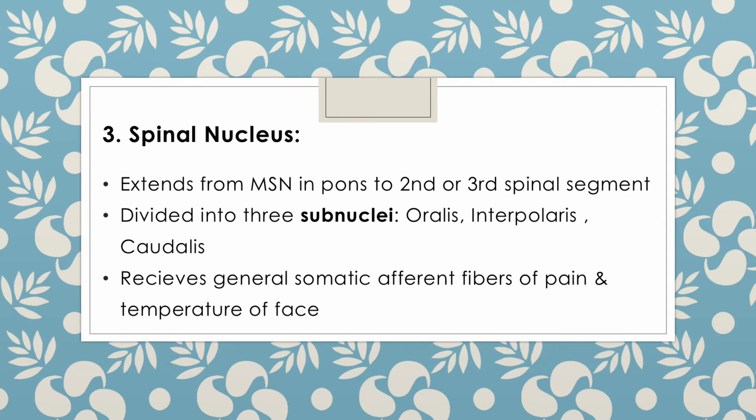It is the third sensory nucleus, extending from the main sensory nucleus in the pons up to the level of the second and third spinal segment, and further continues with the substantia gelatinosa. It is further divided into three subnuclei: the oralis, interpolaris, and caudalis. It receives general somatic afferent fibers of pain and temperature of the face.